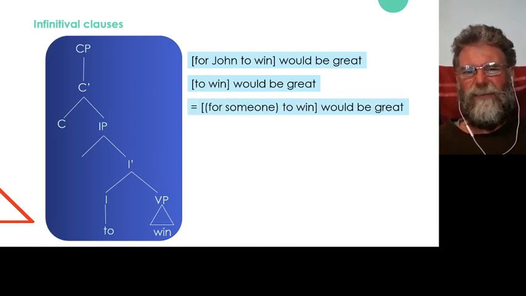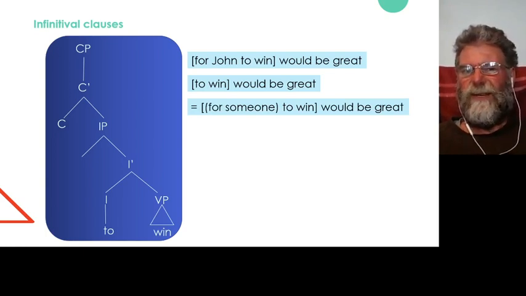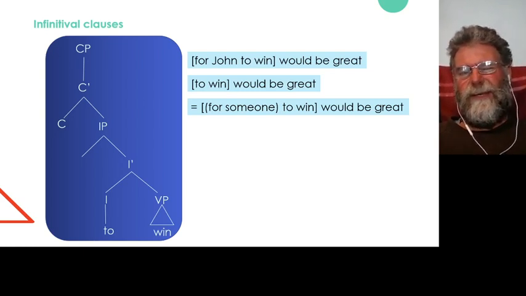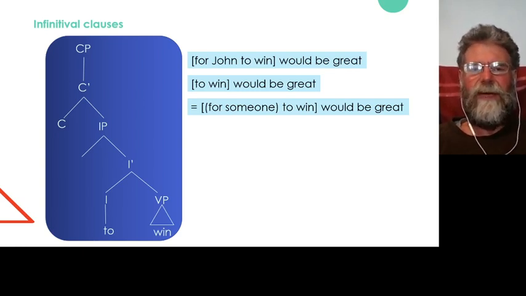So this sentence really does mean that somebody is going to win. It's just that we're not actually saying who that someone is, or we're not actually pronouncing it. So there's perhaps a reason to believe that although there looks to be nothing in this subject position, there may be something there. It's just that we don't see it for some reason or another.